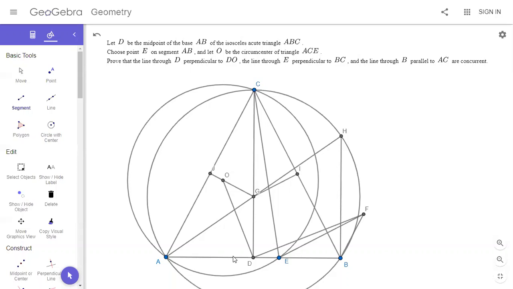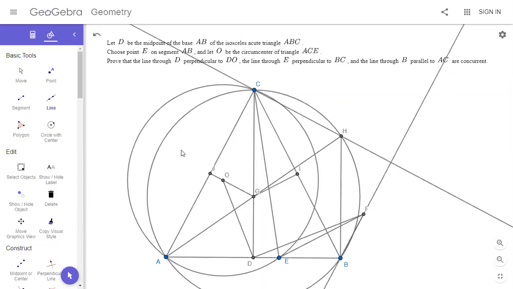I feel like I have a lot of interesting stuff. Not sure where it goes though. Maybe we can use the angle bisector theorem.